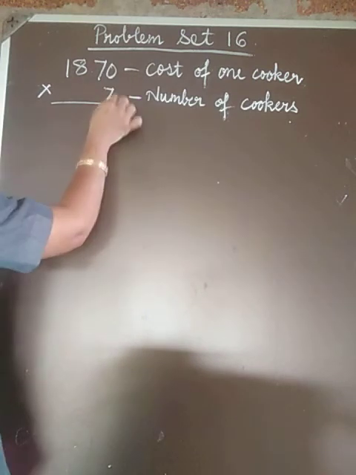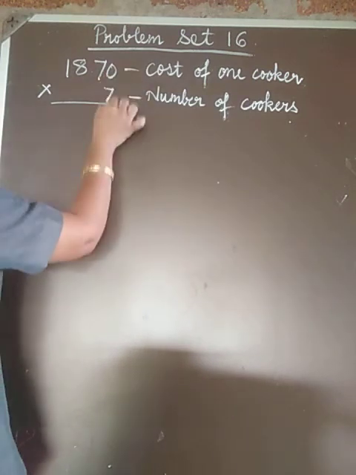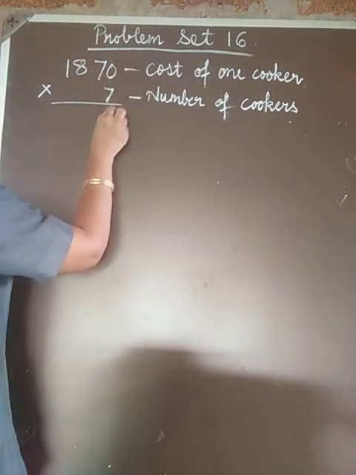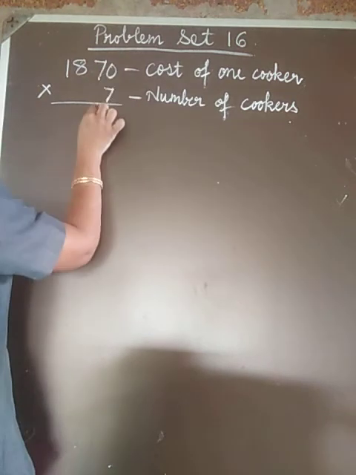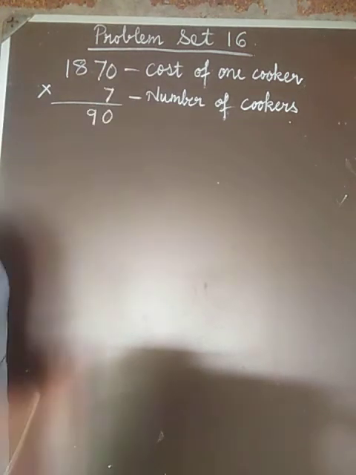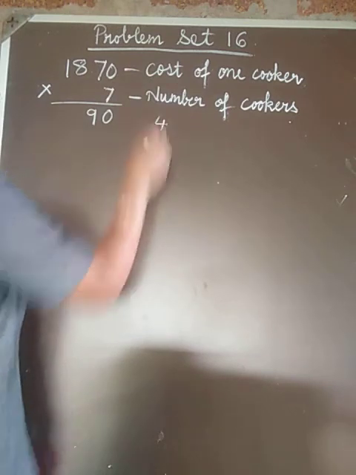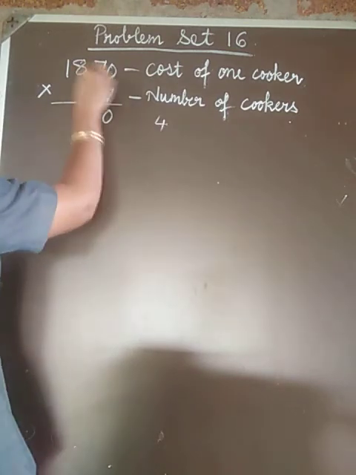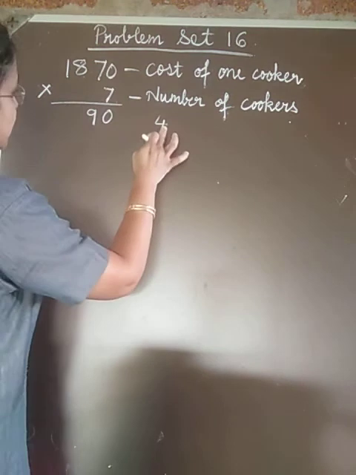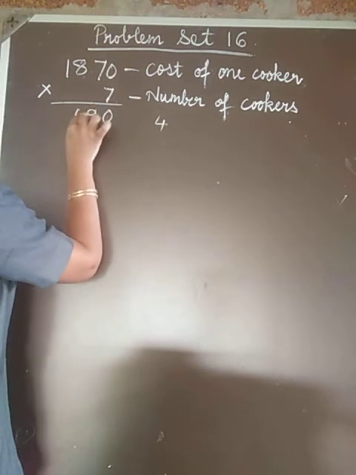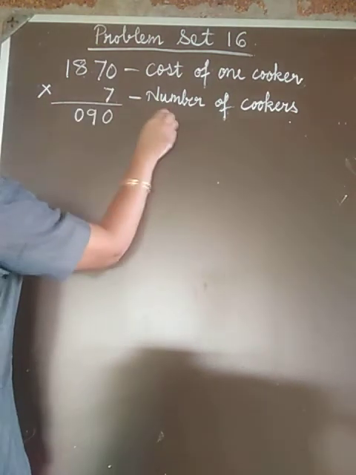When we multiply 7 with 0, any number multiplied with 0 is always 0. Okay, so 7 sevens are 49. So write here 9 and carry 4. Fine. Then 7 eights are 56. So 56 plus 4 becomes 60. So here 0, carry 6.